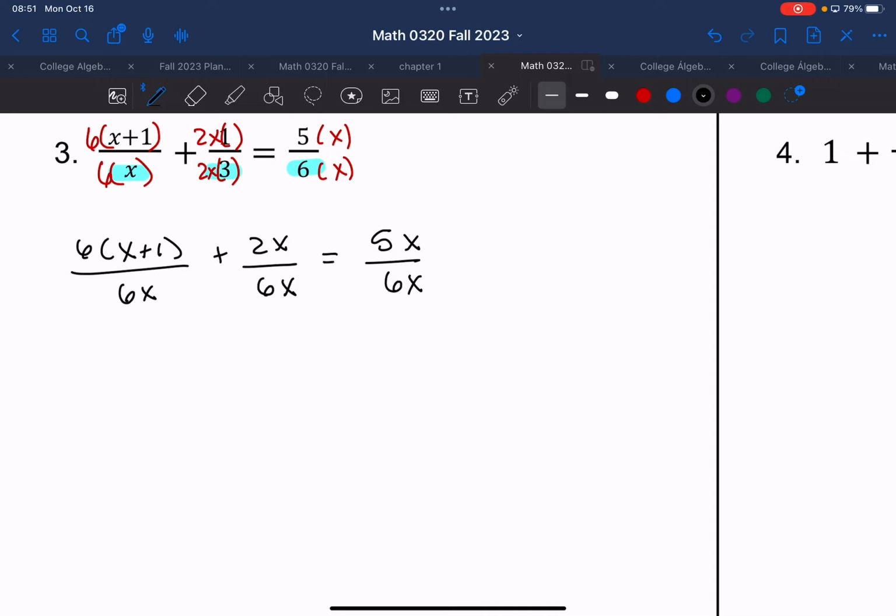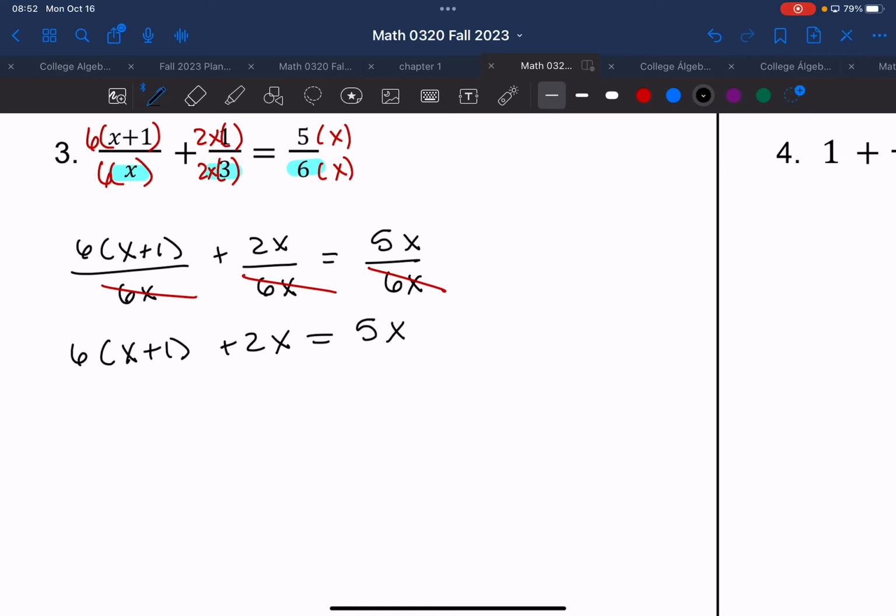So just like in method 2 on the last notes, if we have all the same denominator, what can I do with those 6x's? Cancel. So I'm canceling out all the denominators. So now I have an equation that is not a fraction. So I have 6 times x plus 1 plus 2x equals 5x.